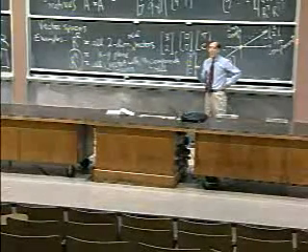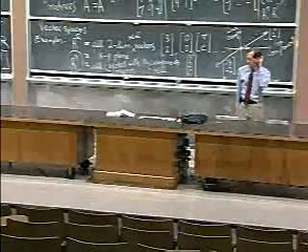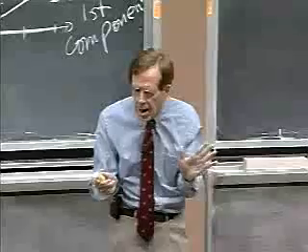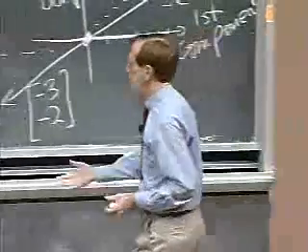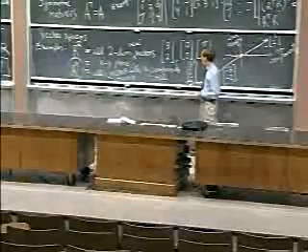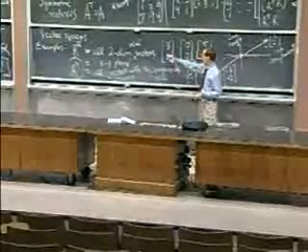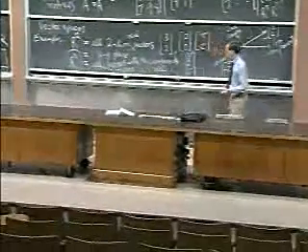Now, let's see. What do I have to tell you about vector spaces? I said the most important thing, which is that we can add any 2 of these and we're still in R2. We can multiply by any number and we're still in R2. We can take any combination and we're still in R2. And same goes for Rn.